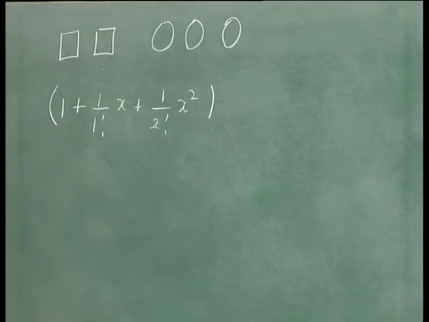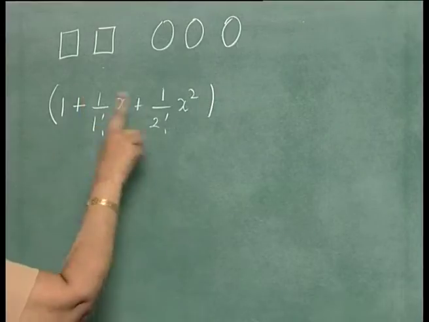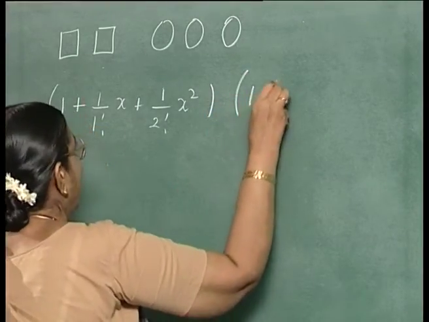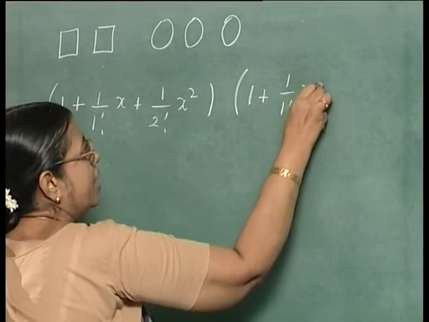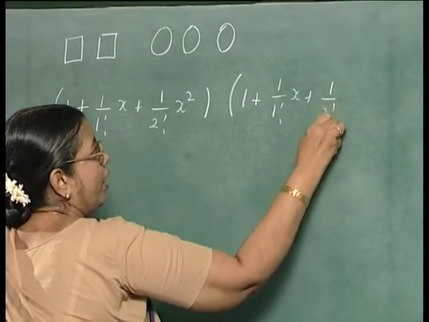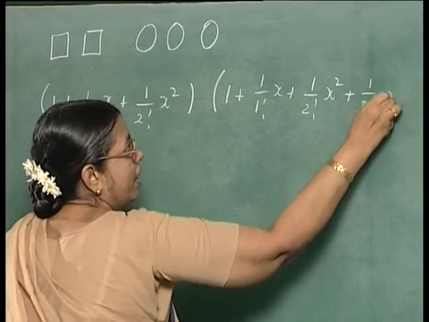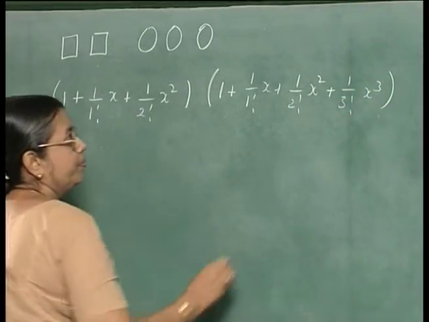Then the second one, you are having 3 of them. So, the exponential enumerator for that will be 1 + (1/1!)x + (1/2!)x^2 + (1/3!)x^3.